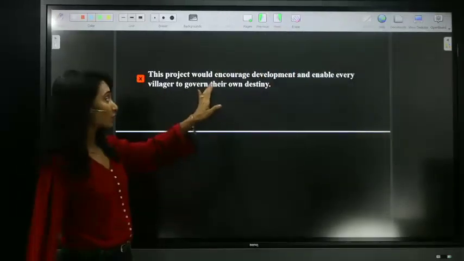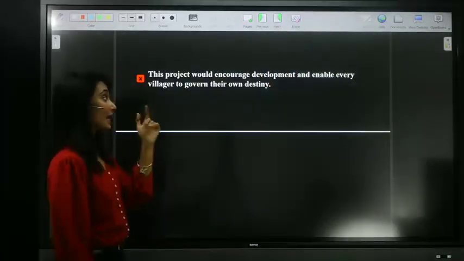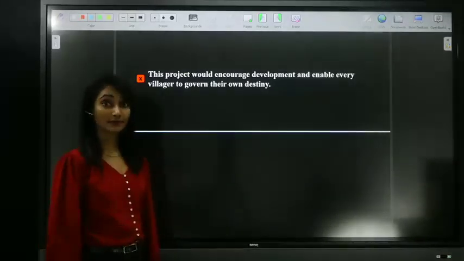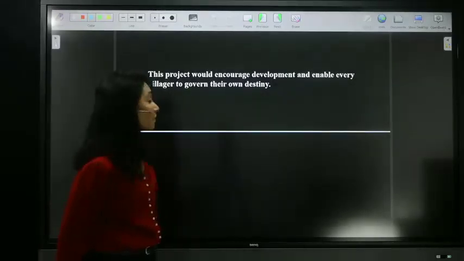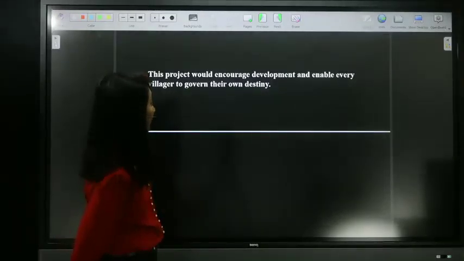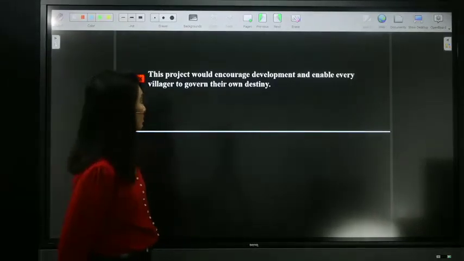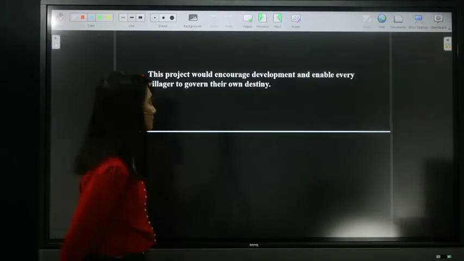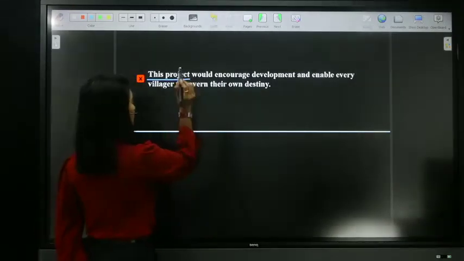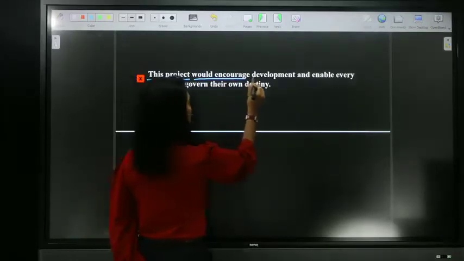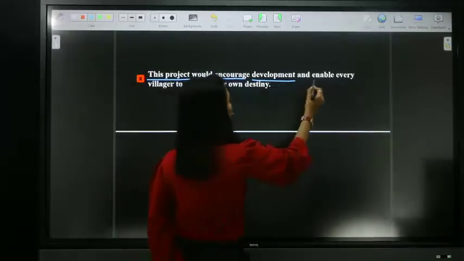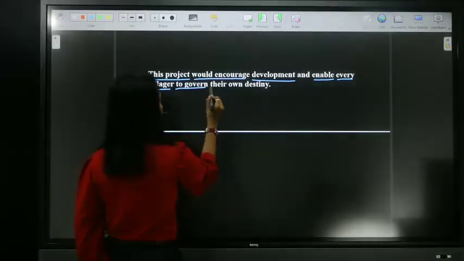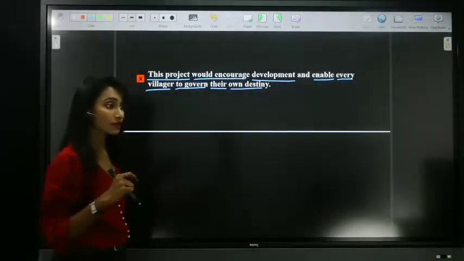This project would encourage development and enable every villager to govern their own destiny. So what is the error here?